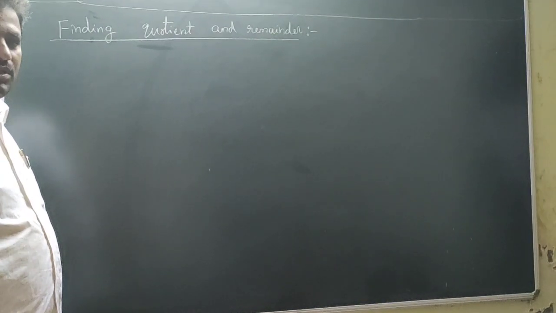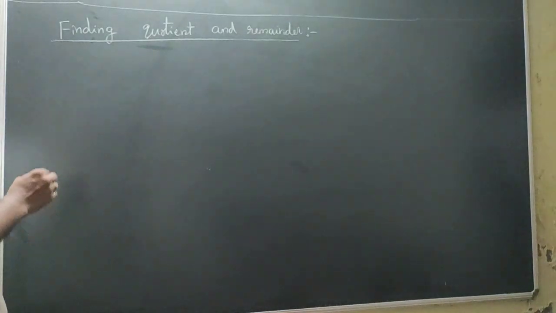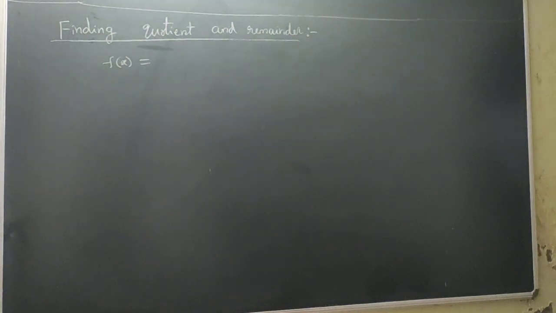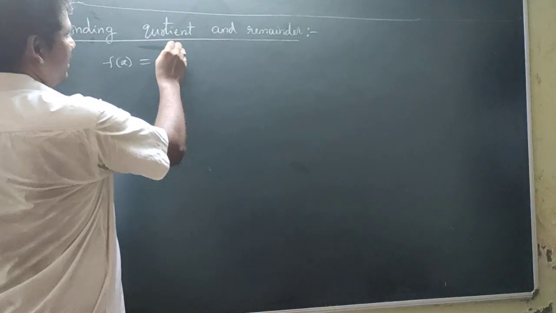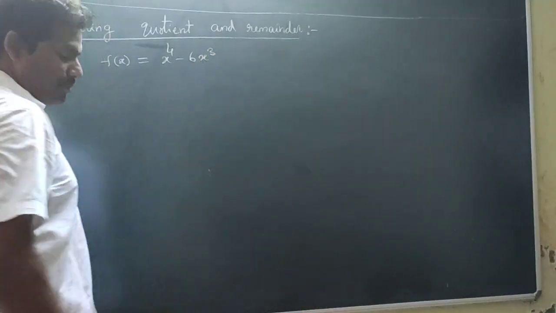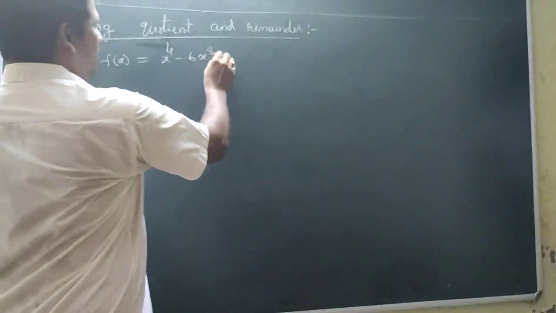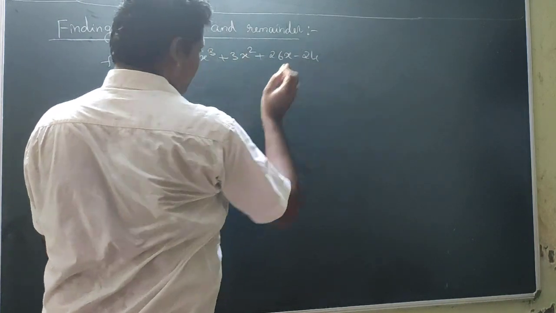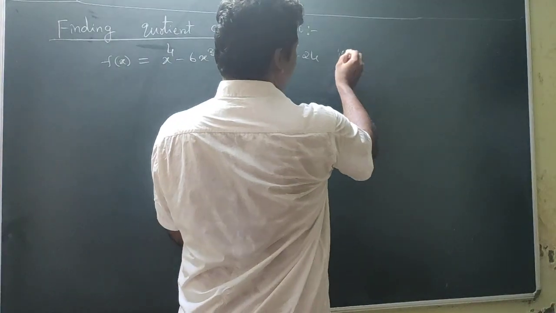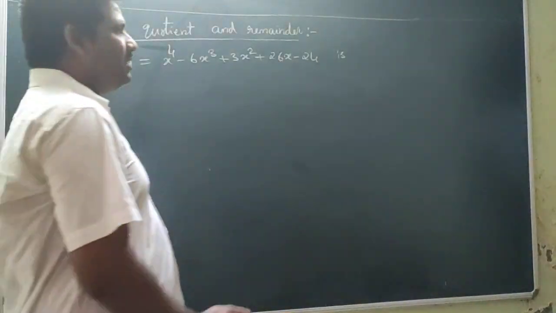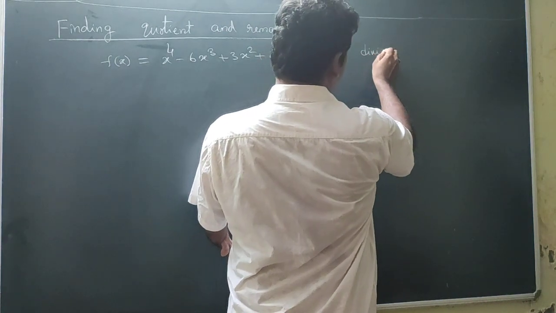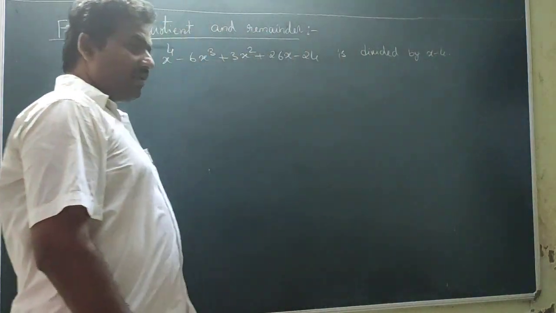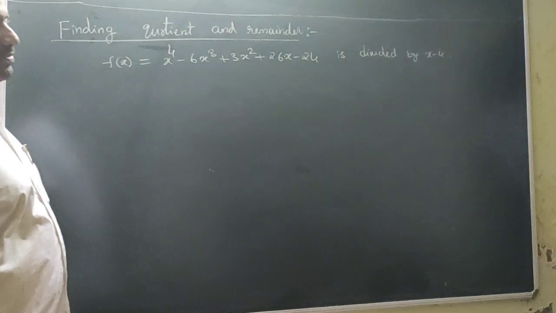First we will do it by the usual division. f of x equal to x power 4 minus 6x cube plus 3x square plus 26x minus 24 is divided by x minus 4.